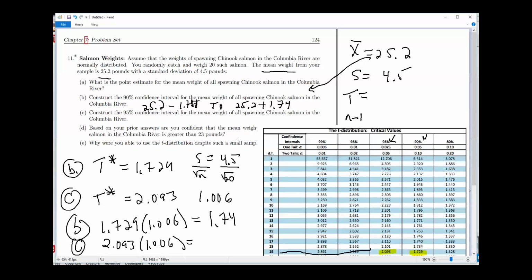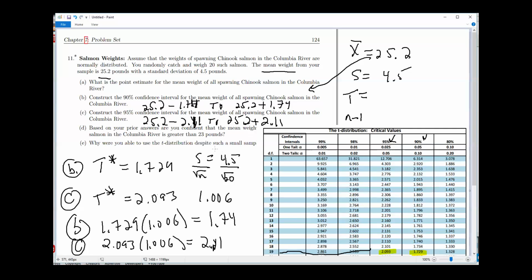That's 2.11. A little bit more, and it goes to the higher level of confidence. So the interval is 25.2 minus 2.11 to 25.2 plus 2.11. I can't read my writing, that's what the issue is.